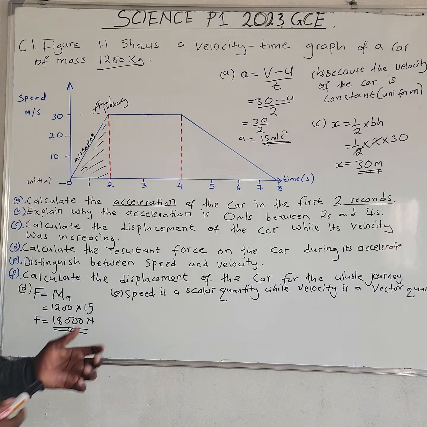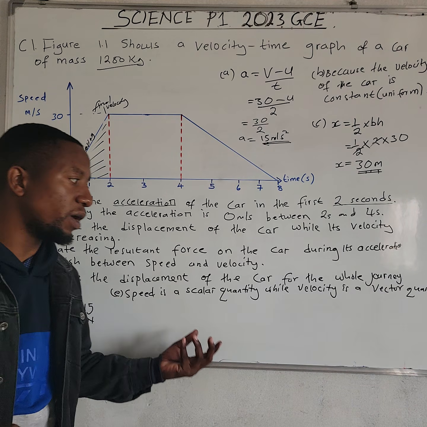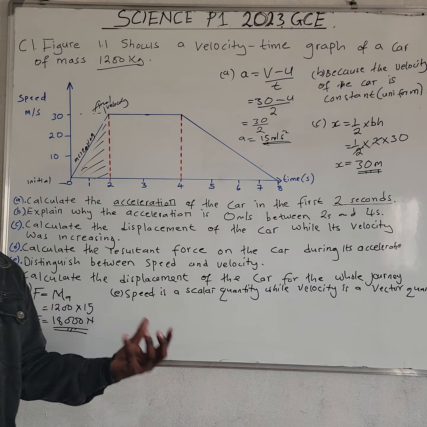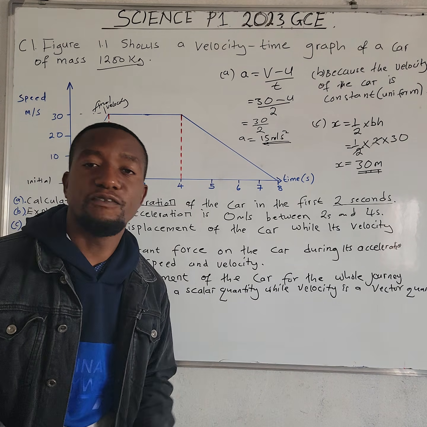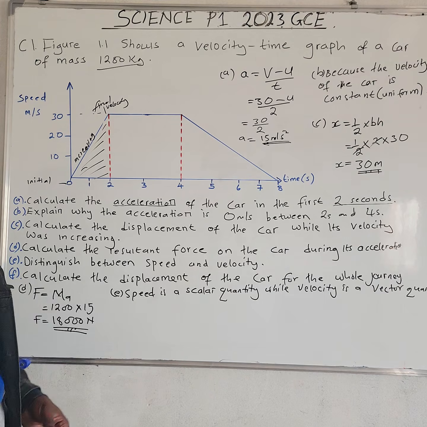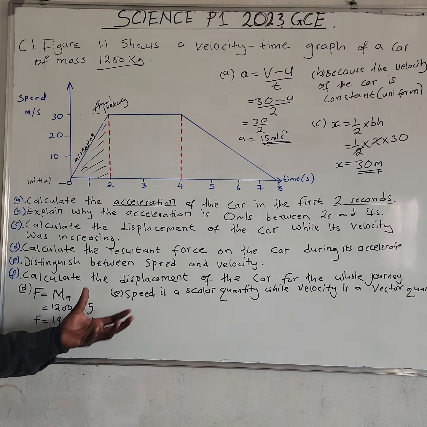So that is our E. Speed is a scalar quantity, while velocity is a vector quantity, having both magnitude and direction. Okay, let's proceed.